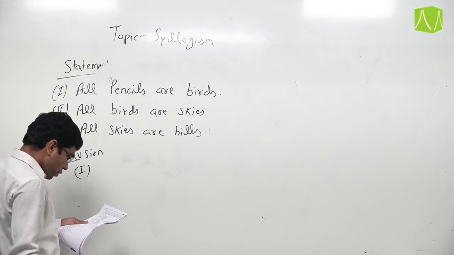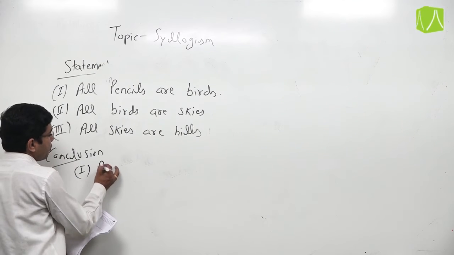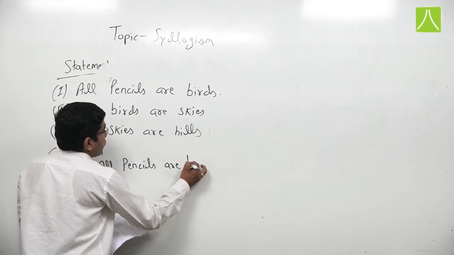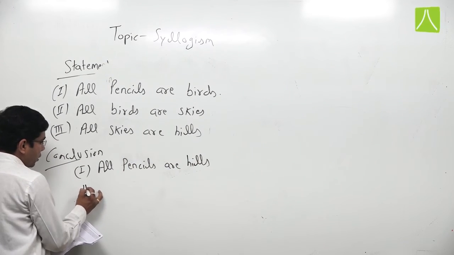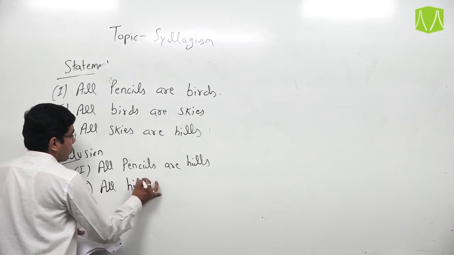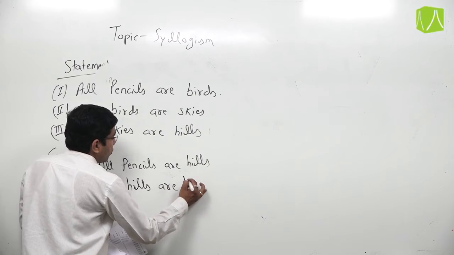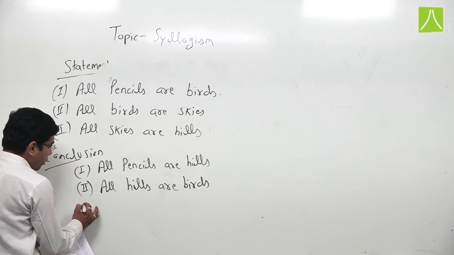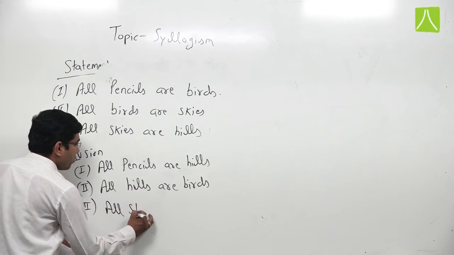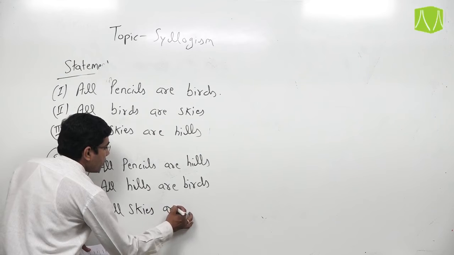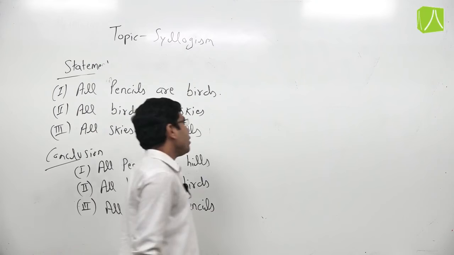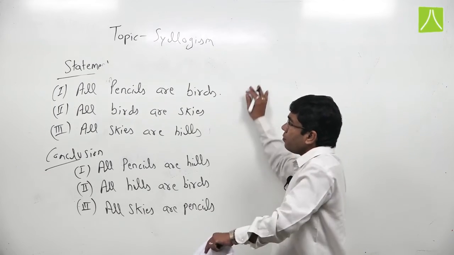First conclusion which have to check, all pencils are hills. Second conclusion, all hills are birds. Third conclusion, all skies are pencils. Now we have to check the conclusion with the help of diagram.